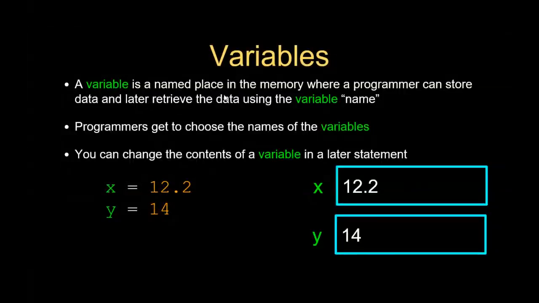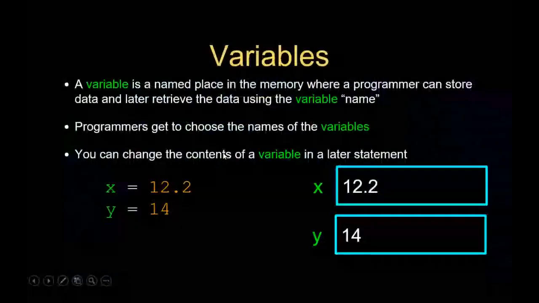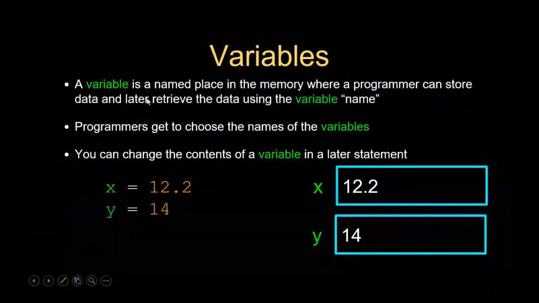So a variable is a named place in the memory where a programmer can store data and later retrieve the data using the variable name. It sounds harder than it is.